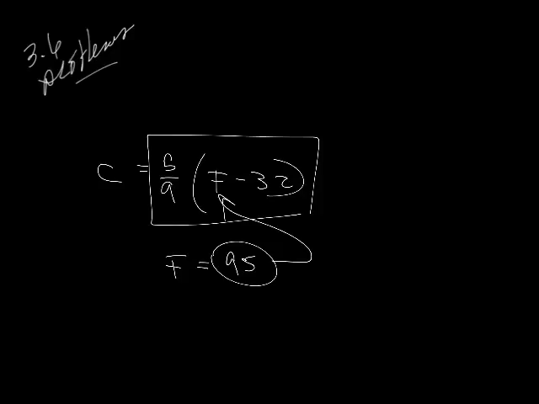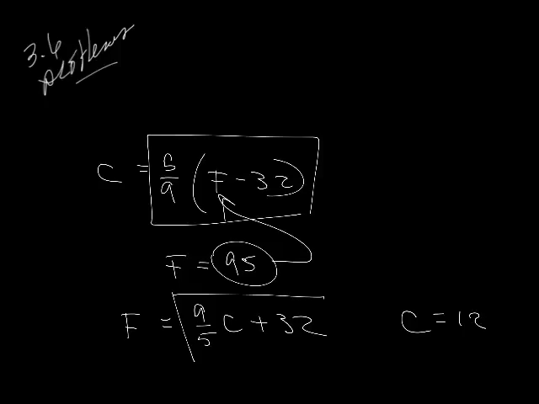If they gave you C, you're going to put C in the main part of the formula, and you're going to use this formula. So if they give you C equals 12, well, the main part of the formula has the C in it, so the C is going to go right there, and you're going to solve it from there. So that looks like that's pretty much it.